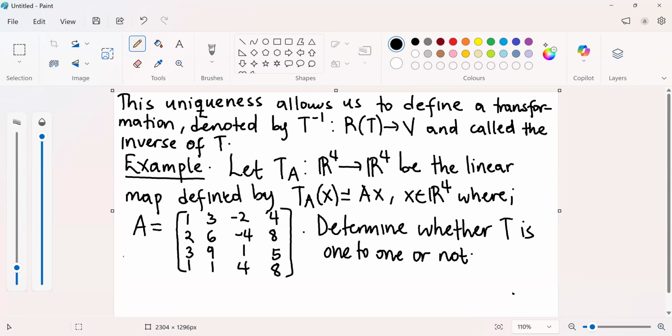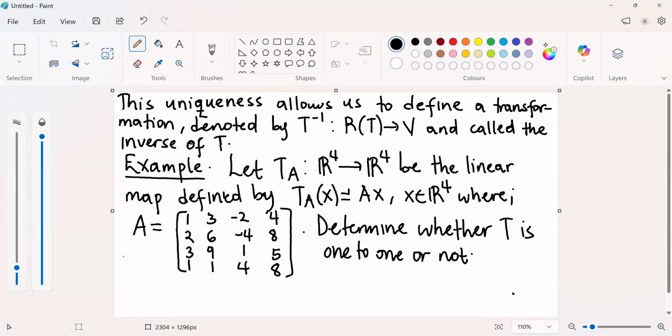But then we moved from that definition and we came up with a stronger characterization of 1-to-1. If you want to show that something is 1-to-1, simply compute the kernel. If the kernel or the null space is 0, then we say that the map is 1-to-1. So what are we going to do here?